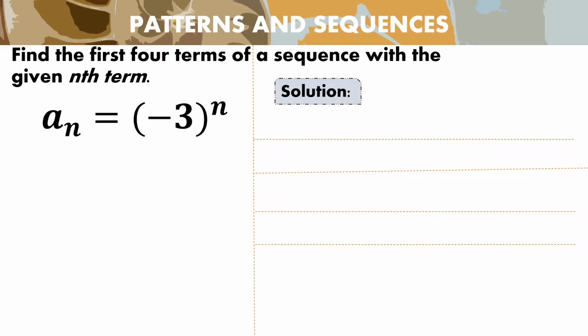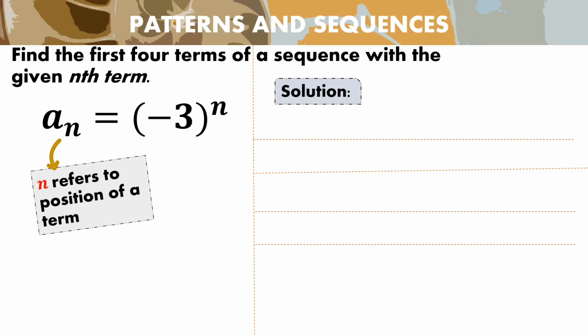Find the first 4 terms of a sequence with the given nth term a sub n equals quantity negative 3 raised to n. We know that n refers to the position of a term. Let's look for a sub 1, a sub 2, a sub 3, a sub 4.